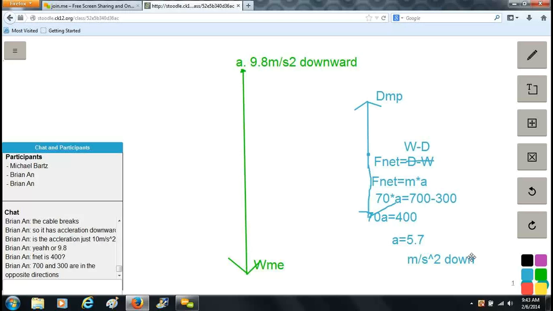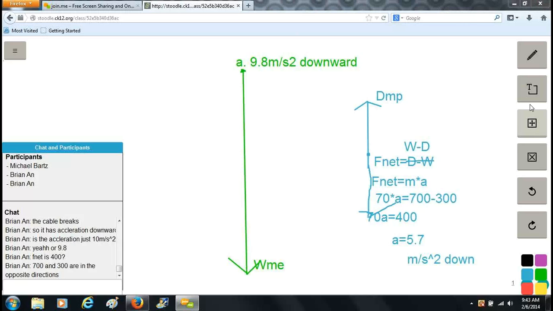Any other questions? Why wouldn't it just be 10 meters per second squared? Because the pull of the Earth would always be the same. Except because of the resistance. That's true. We talked about this a little bit yesterday or the day before, depending on which period you're in. The gravitational field strength is still 10 newtons per kilogram.